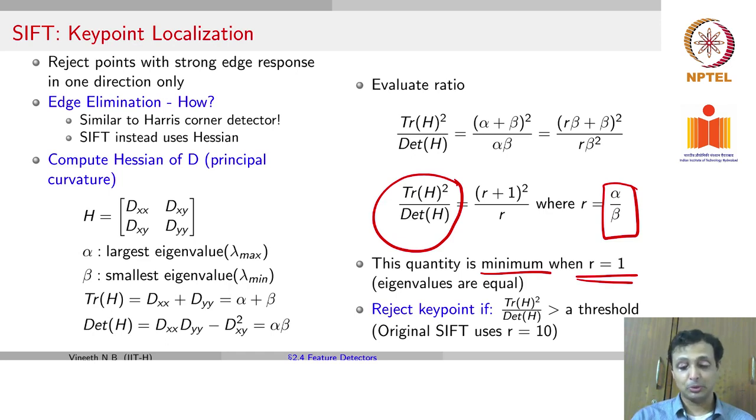So SIFT proposes that you reject the key point if trace of Hessian square by determinant of H is greater than a threshold, because you want it to be close to 1. So if it's greater than a threshold, you simply reject the key point. The original SIFT paper uses r equal to 10 as the threshold in this particular case.